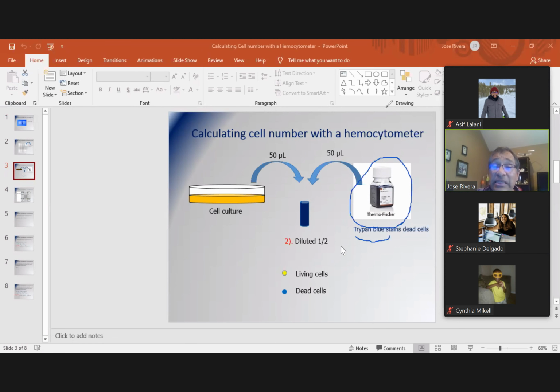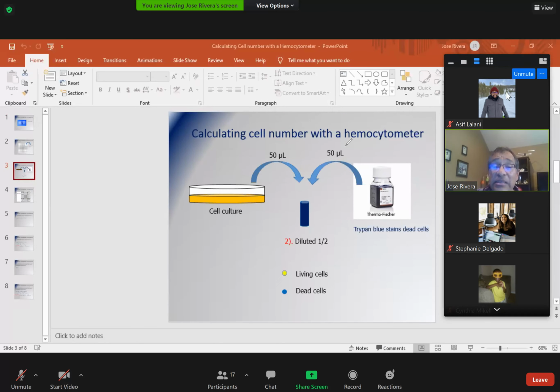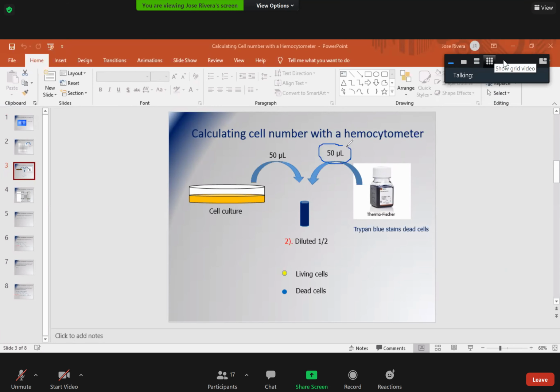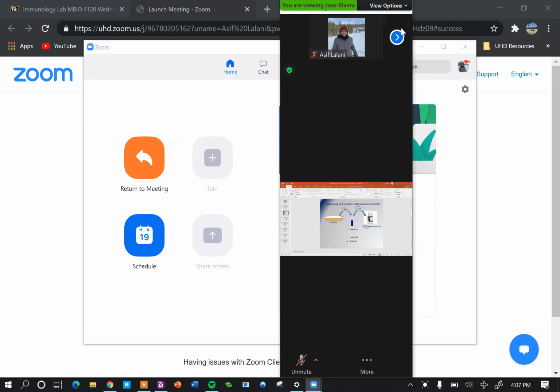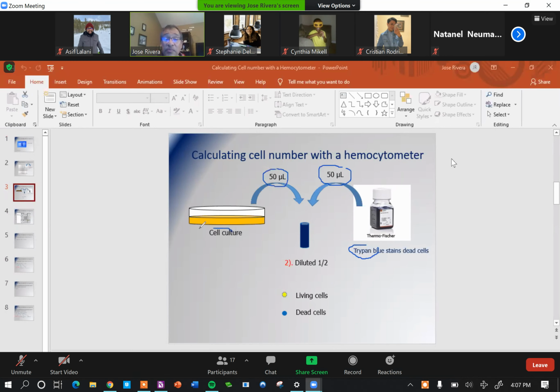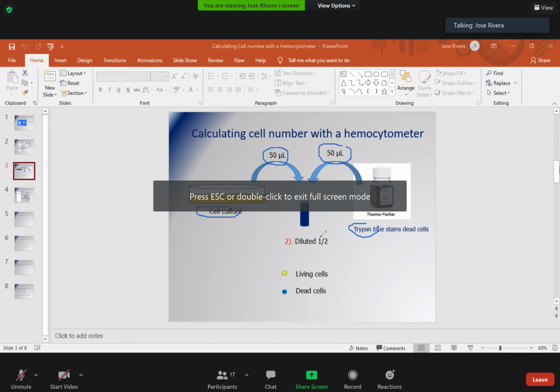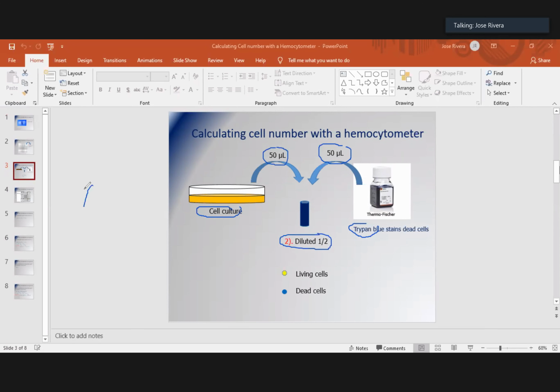In this example, what I did is I took 50 microliters of trypan blue, and then 50 microliters of your cell culture. So in this case, we're diluting 1 to 2. So whatever number you get, you multiply times 2, because this is the dilution factor. This is how you diluted it.